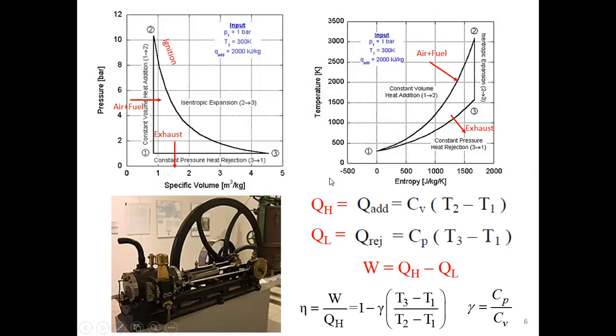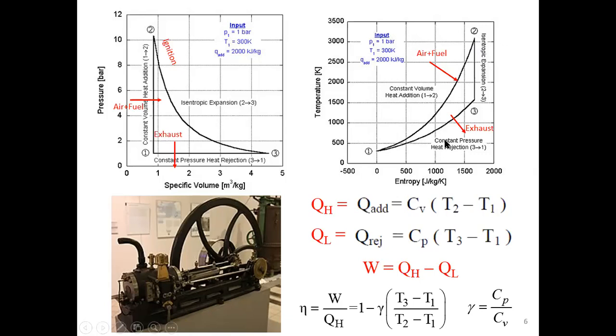So for this engine, you can find the amount of heat from these two equations. The heat added to the engine happens at constant volume, so we can use the specific heat at constant volume times the difference between these two temperatures.